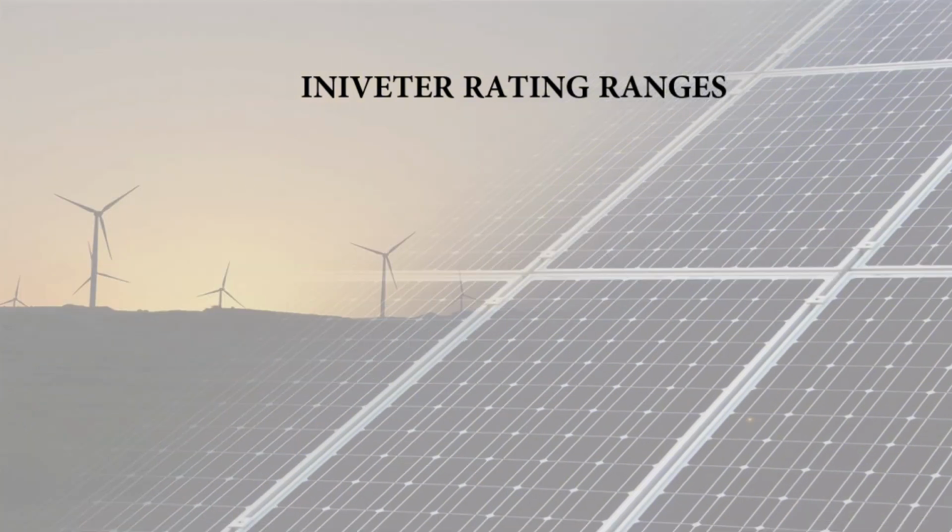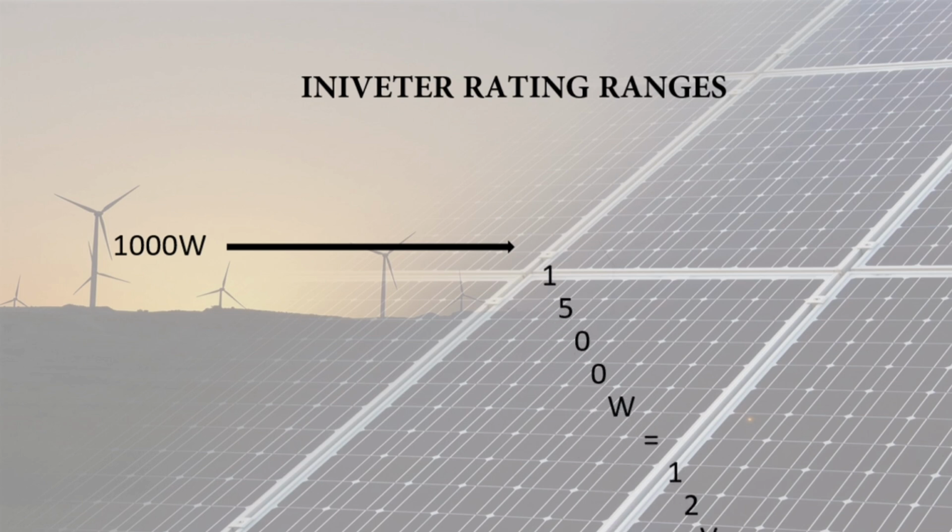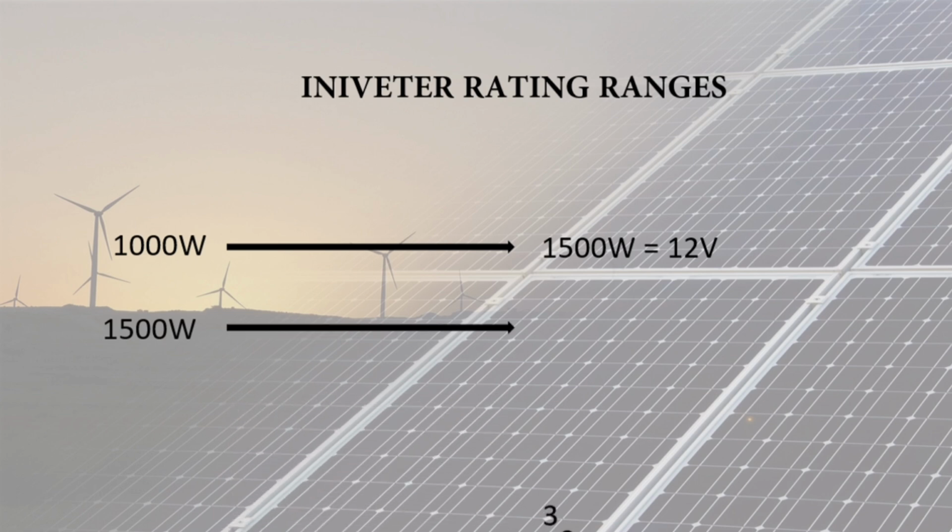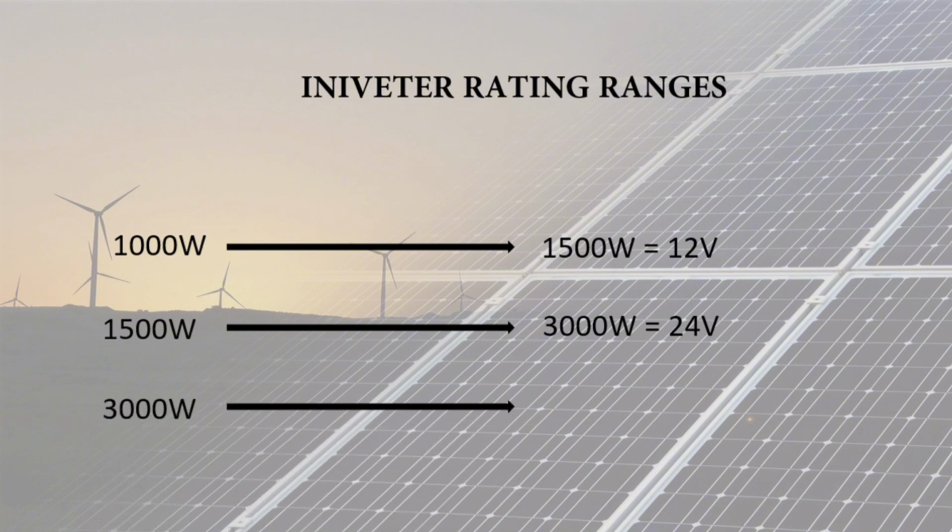Our 1000 watt inverter up to 1500 watt inverter may need a 12 volt battery. You can't use a 48 volt battery on a small inverter like that. From 1500 to 3000, we may use 12 volts. From 3000 to 5000 and above, we may use 48 volts.